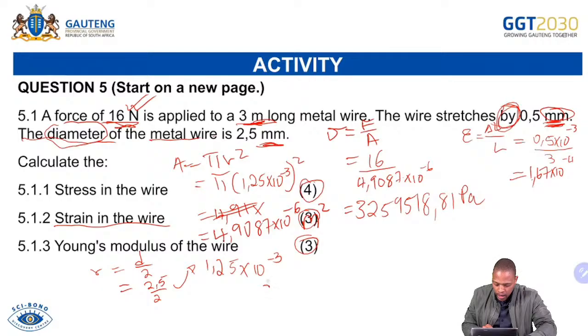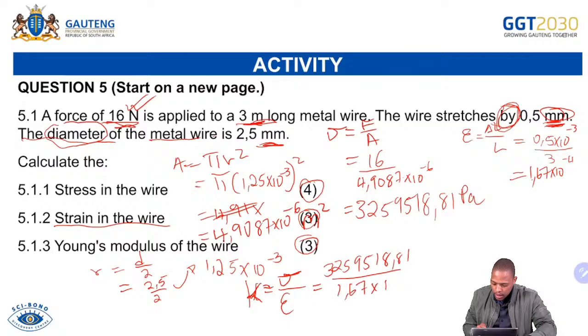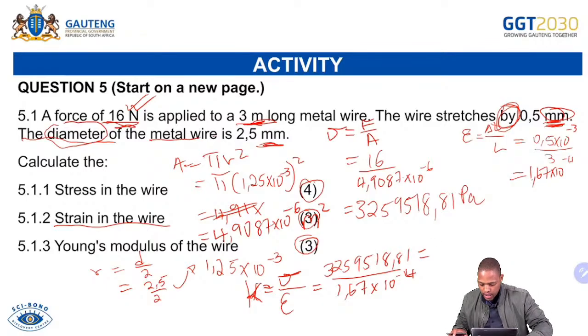Young's modulus will be K is equal to stress over the strain. Okay, this is K, right? What is our stress? 325,951.81 over 1.67 times 10 to the power of negative 4.